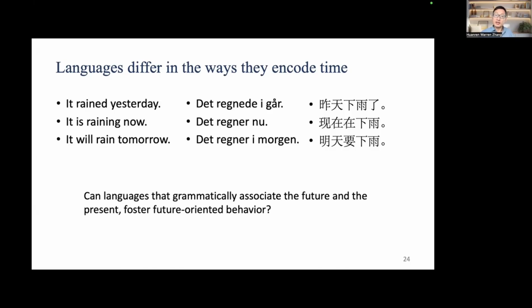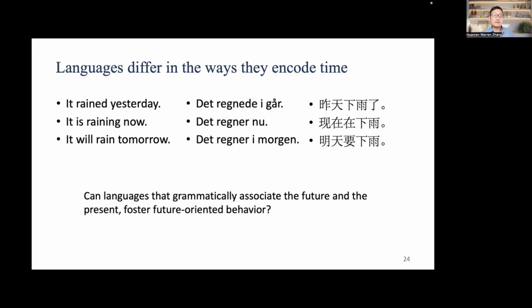So the question we may want to ask is, can languages that grammatically associate the future and the present foster future-oriented behavior? Why do we want to investigate this question? Well, the previous slides demonstrated that the distance you feel between your current self and your future self is related to your level of patience, your level of discounting, and maybe also has some implications for your behavior.